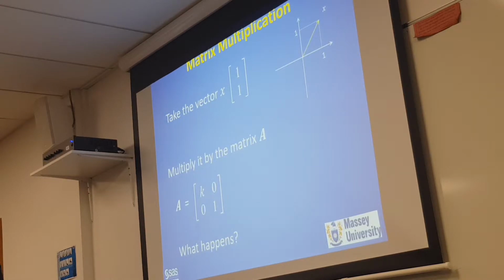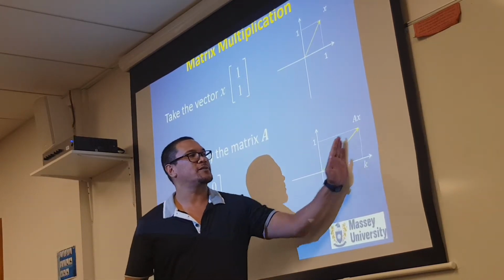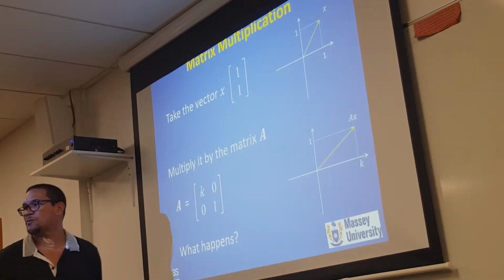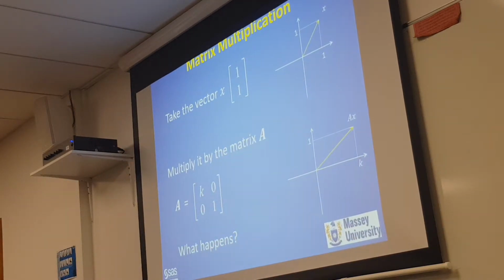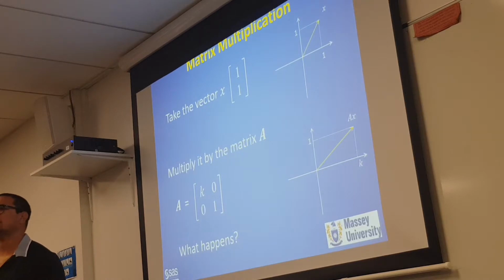You transform the vector is what you're doing. This is A times x here, and it's actually skewing it. It's pulling it across now, because if you multiply that out, you end up with a vector where the first row is k, and then you've got a 1 at the end. So it's a function, it basically changes your vector.